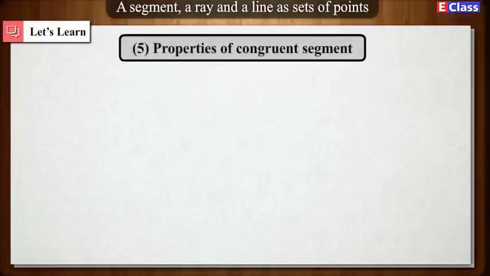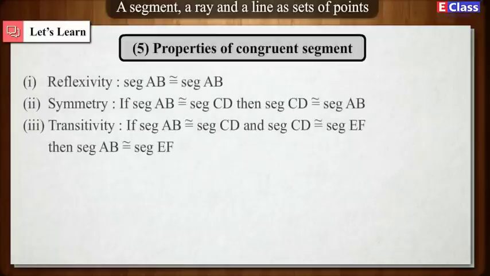5. Properties of congruent segments. 1. Reflexivity. Segment AB is congruent to segment AB. 2. Symmetry. If segment AB is congruent to segment CD, then segment CD is congruent to segment AB. 3.